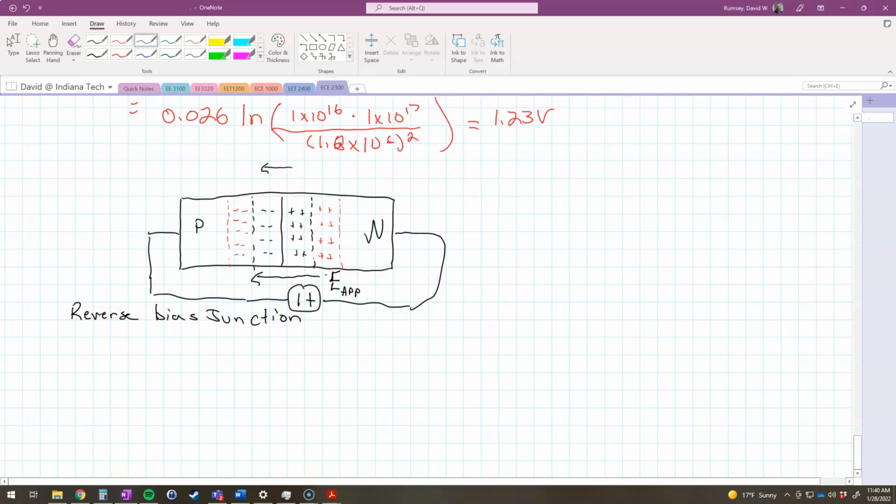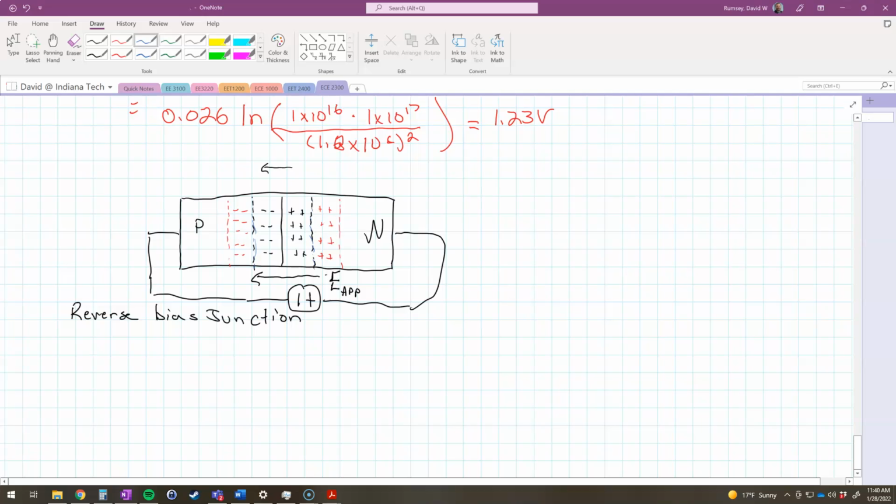Before we applied the voltage, you could think of these as being like a positive and negative plate, with an electric field set up, negative charge on one side and positive charge on the other side. So you have a capacitor, because you've got a conductive plate, no current in the middle, and charge built up on each side.